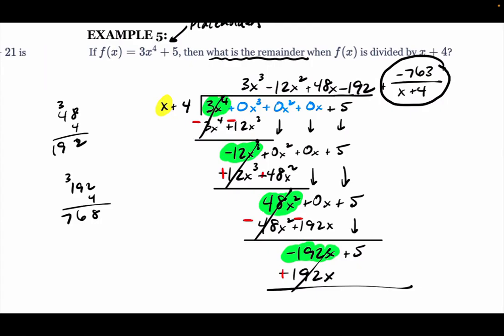Let's see. Oh, yeah, it should be negative 768, and then change it to positive. Yeah, thank you. So it should be 773. Is that what I got? Yep. Positive 773. Okay.